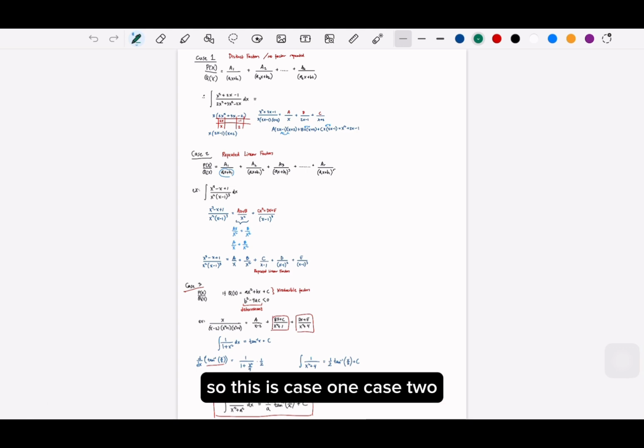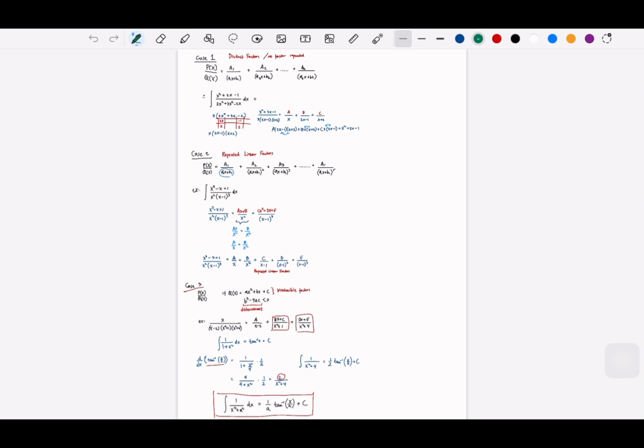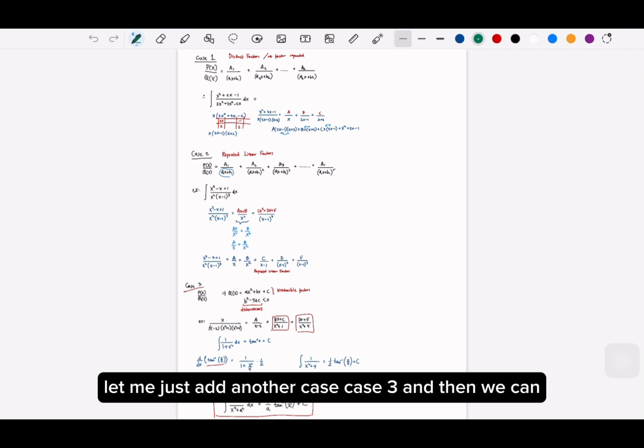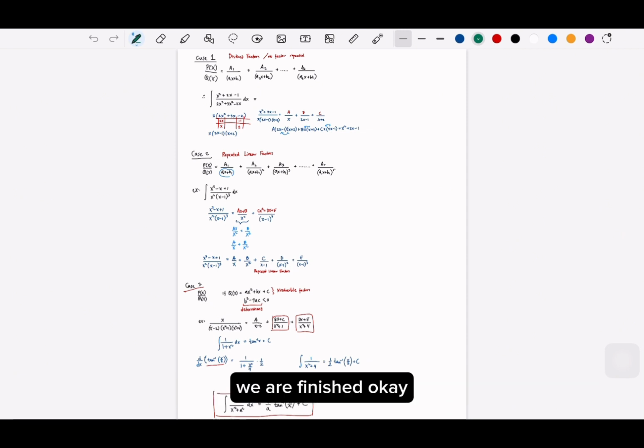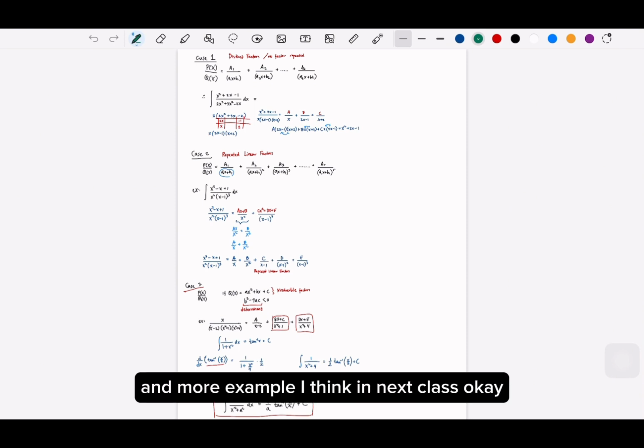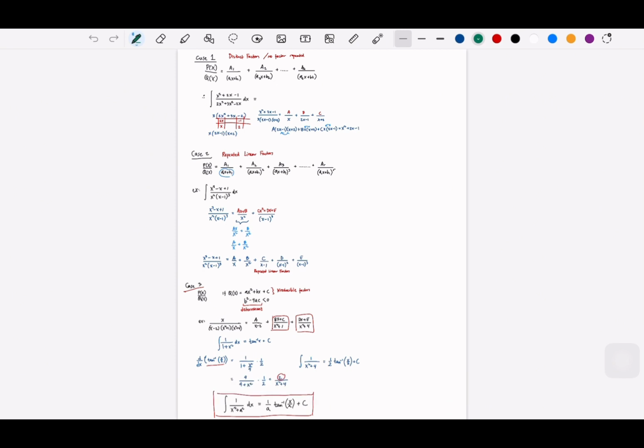So this is case 1, case 2. Let me just add another case 3, and then we are finished. And more examples, I think in the next class, okay?